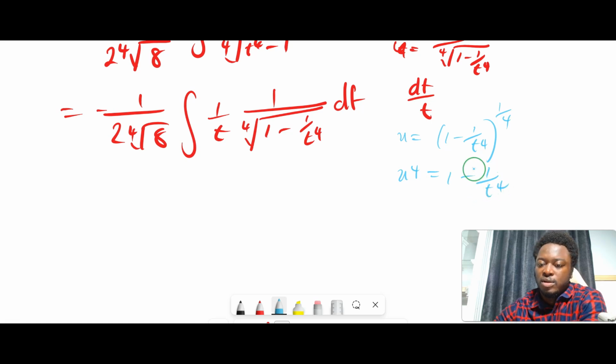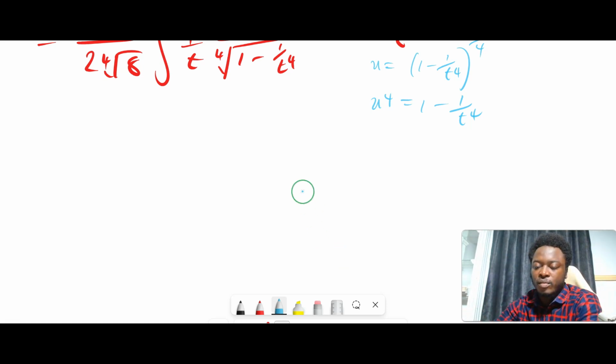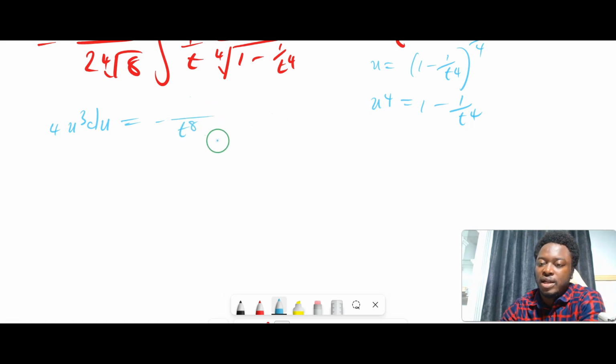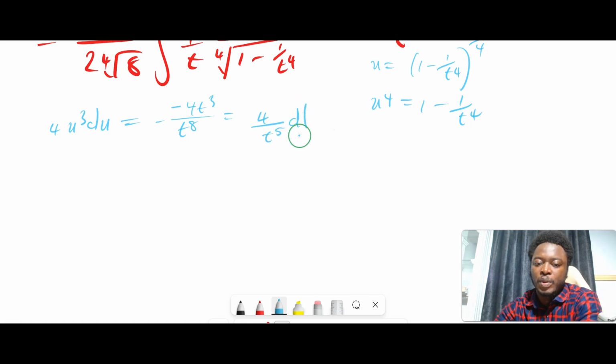Okay, so now, how do we go about this? That means 4u cubed du would be equal to: the derivative of 1 is 0, so you have a negative at the bottom, and you get 4 divided by t to the 5th power dt.